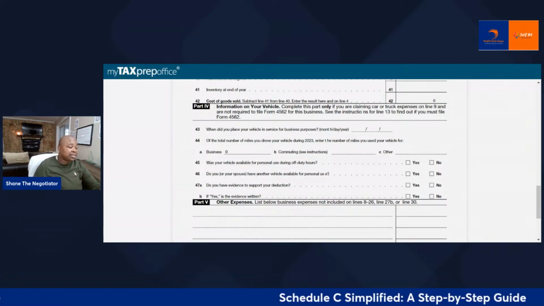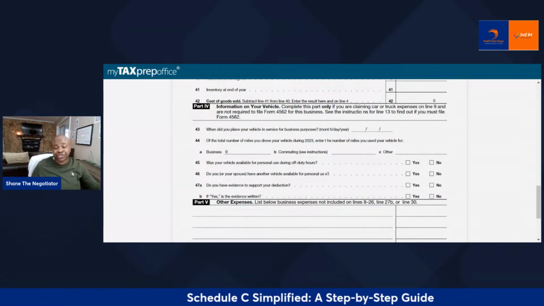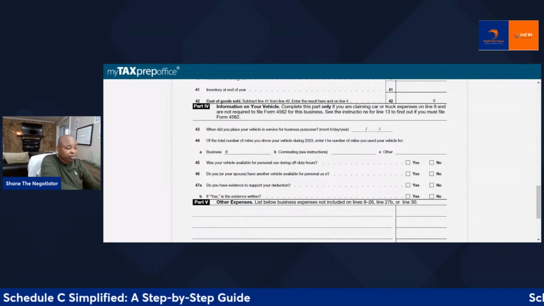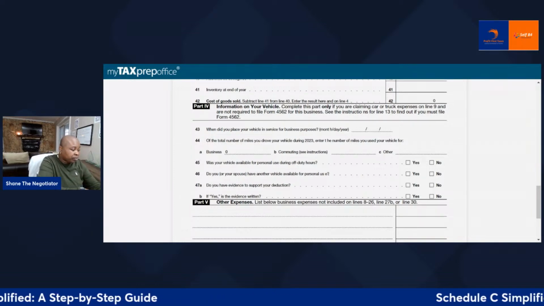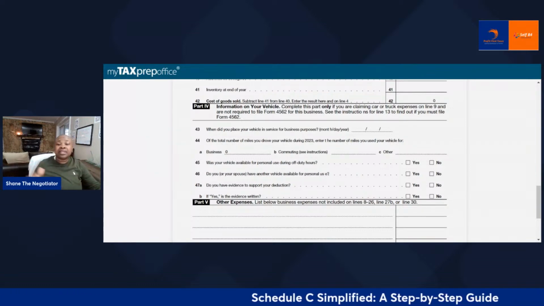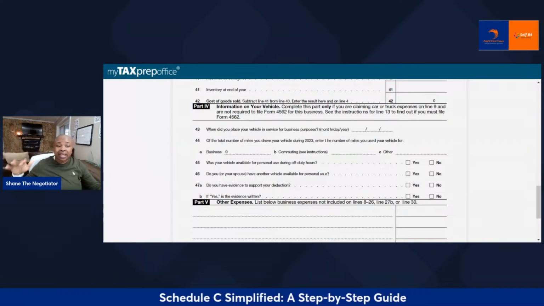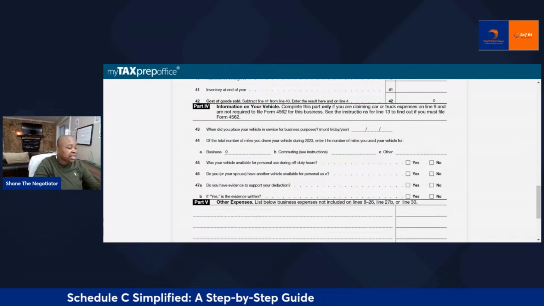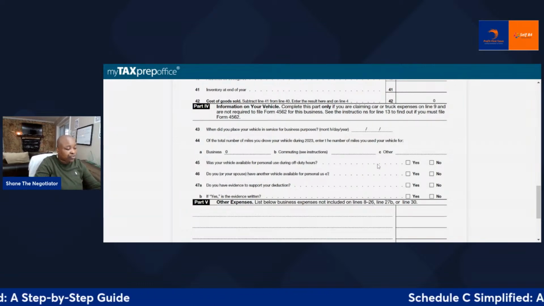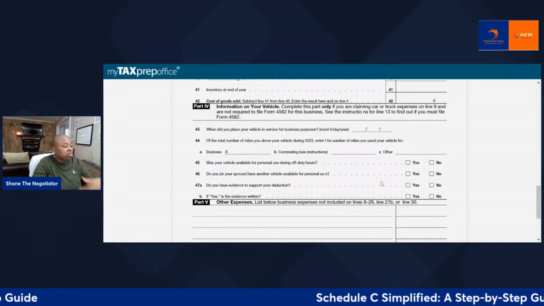You're driving to get to that particular location. You have a work truck. You only use the work truck. You don't use it when you're off duty. You put no. If you use this work truck for work and then you also use it to enjoy on the weekends or when you're off, then of course you put yes. Was it available to use in the off-duty hours? You would put yes. If not, you would put no.